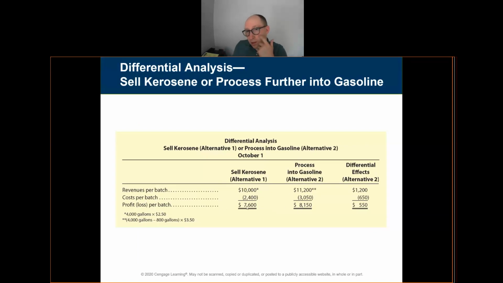So, in the decision to process kerosene into gasoline, which decision is best and why? What do you think? I think the kerosene, because I don't think it's that much.